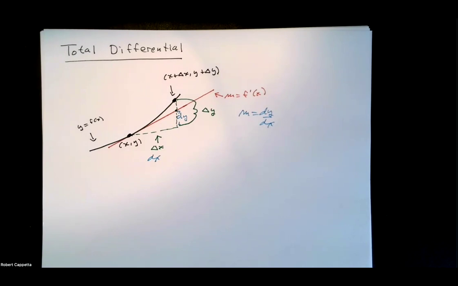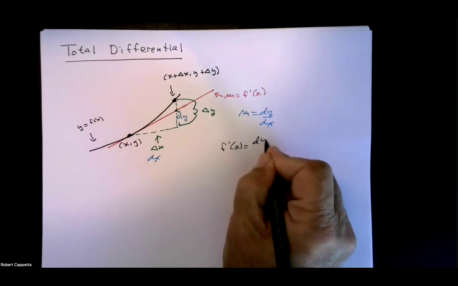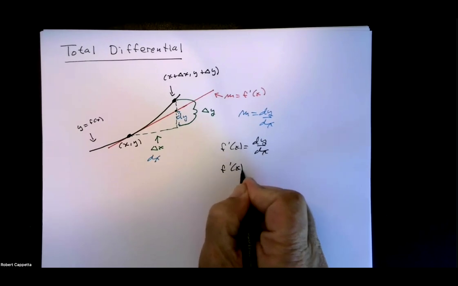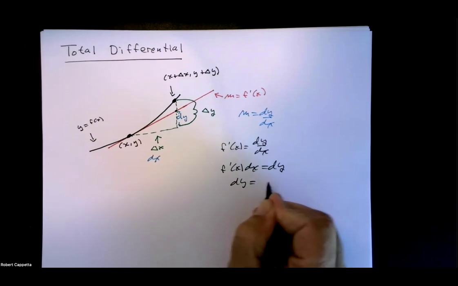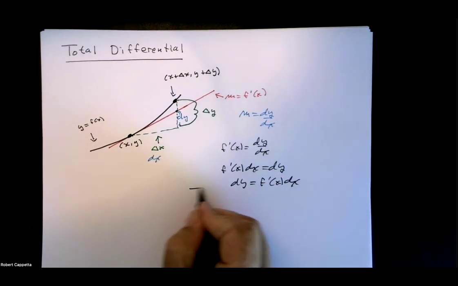But what's our idea here in terms of the differential? Well, we connect these two ideas and we say f prime of x is dy dx. So f prime of x times dx equals dy. But this just kind of feels like playing with variables. But that is our differential.